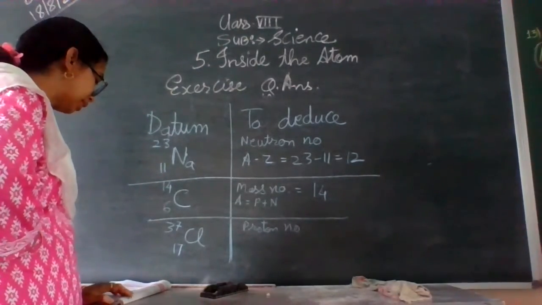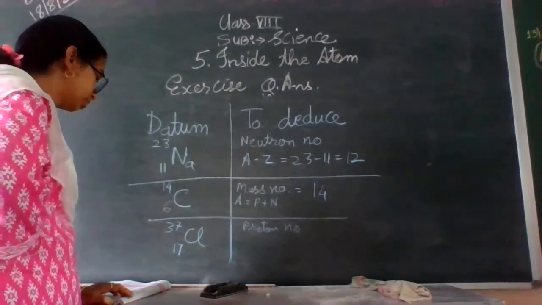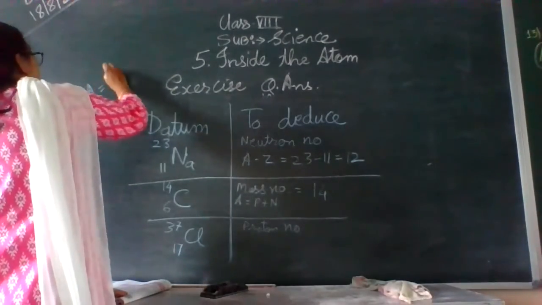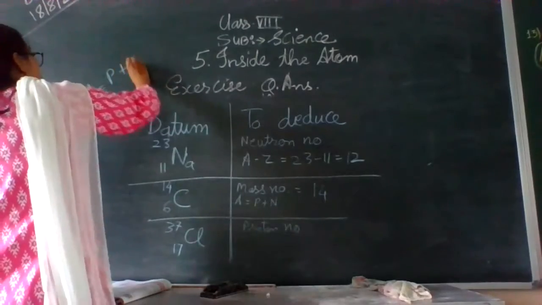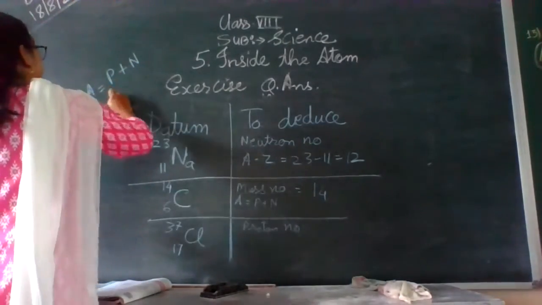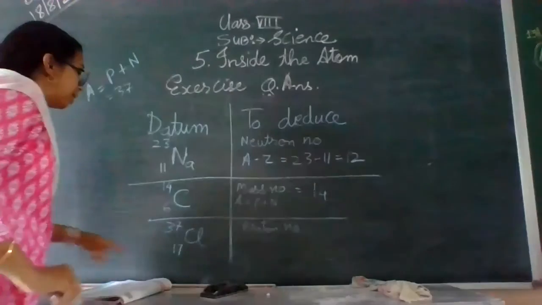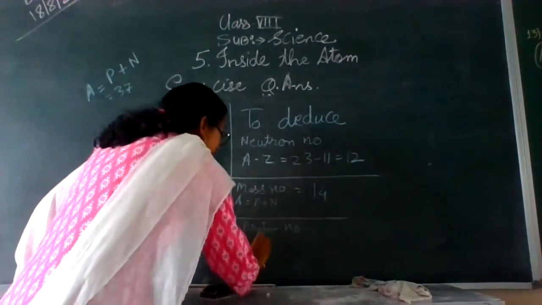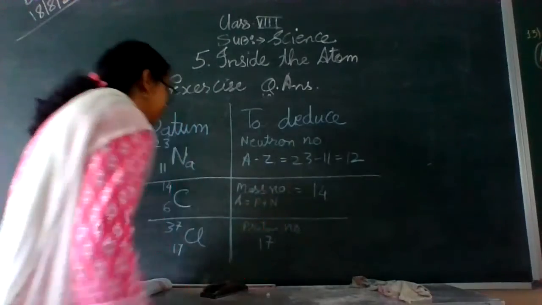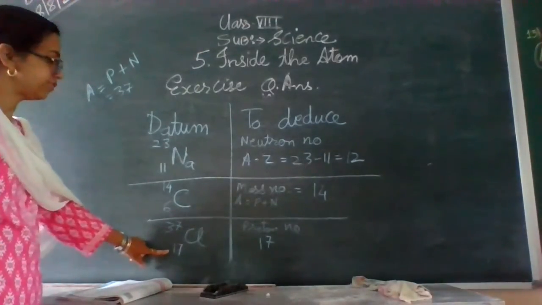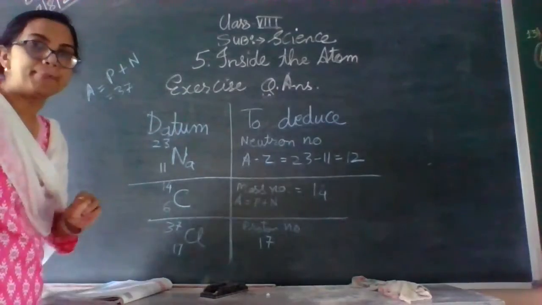Atomic mass number is always the addition of the number of protons and neutrons, and 37 is that. But the number 17 is the number of protons. Therefore, the answer here will be 17. And 37 minus 17, you will get the neutron number.